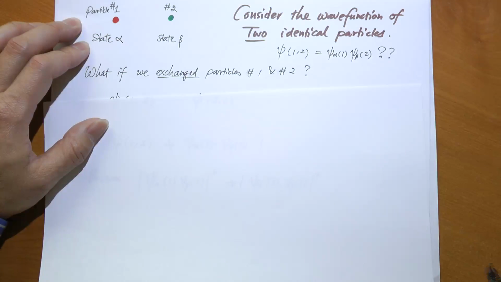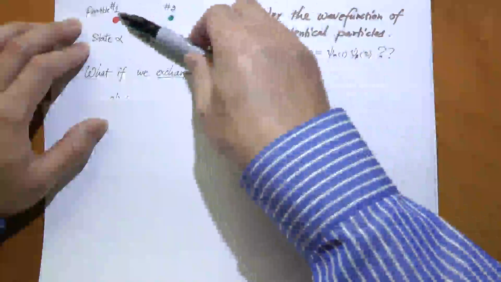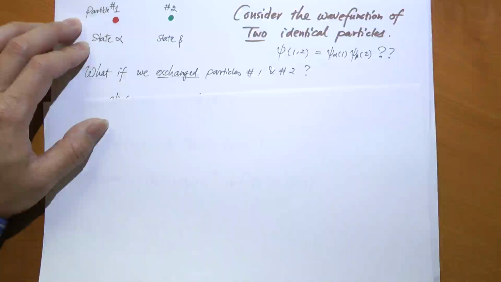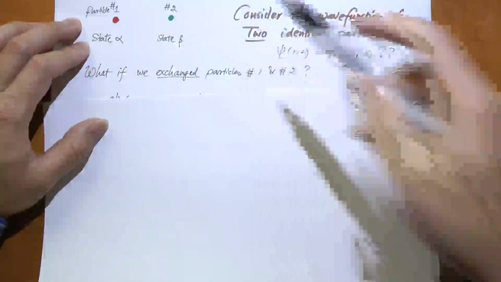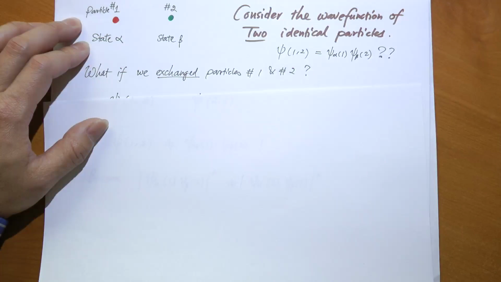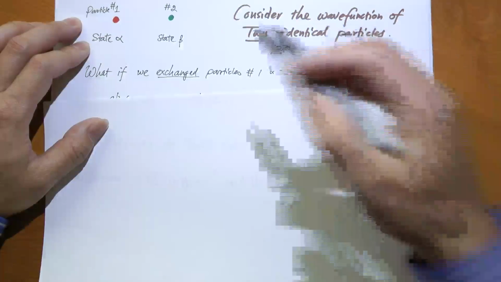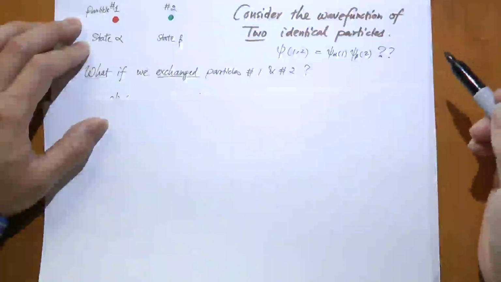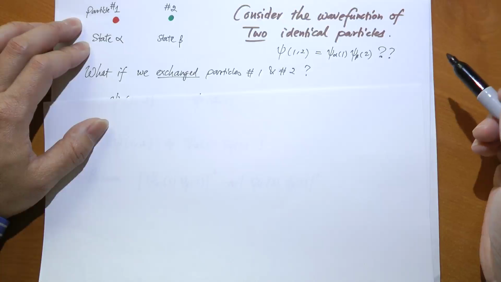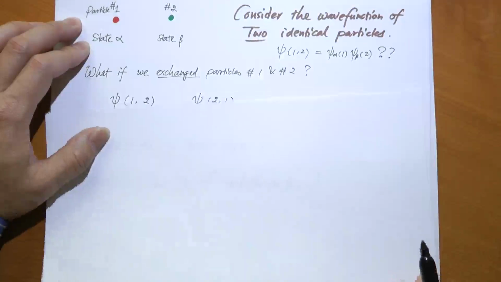Classically, it is reasonable because something has happened: the red one went here, the green one went there. But in quantum mechanics, there is no way for me to tell that they have actually made an exchange. When I observe the situation, I would know no difference. It means that the probability density after the exchange of these two identical particles should be the same, because the exchange makes no difference to the observation.